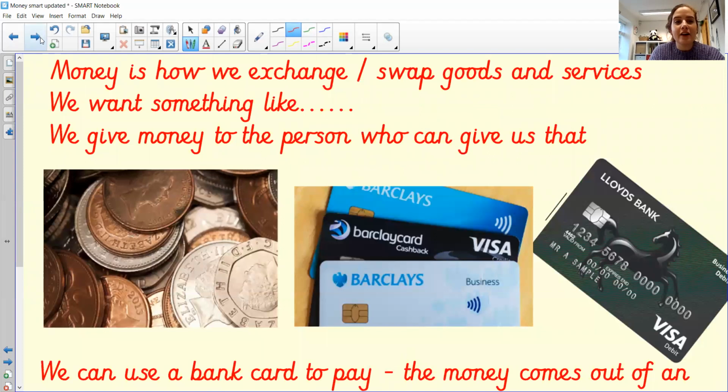Brilliant. Okay, so money is how we exchange or swap goods and services. So we go to the shop and we hand over our money, and in return we can buy whatever's in the shop. Or we might have somebody that comes round to our house and does a job for us. So we might have an electrician that comes round to fix something in our house, the lighting or any of the electricity circuits, and we would pay for that service.